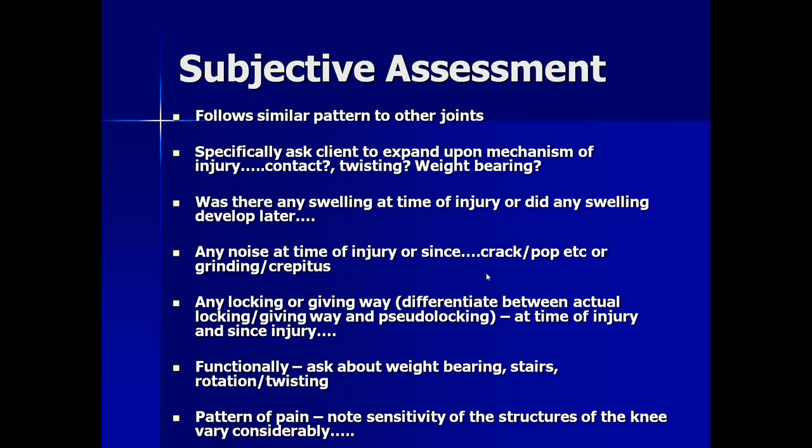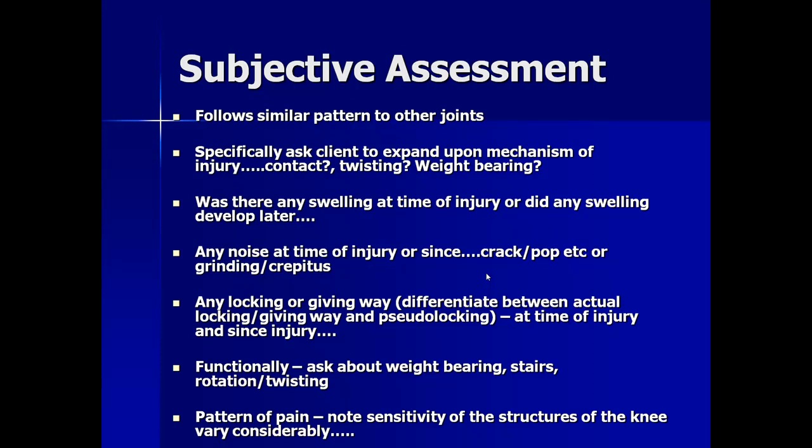Specifically ask the client to expand upon the mechanism of injury. Was the foot in contact with the ground? Were they weight bearing at the time? Were they twisting? Was there any loading issues, or was the foot unstable? Was the ground slippery? All of these have a bearing on what the outcome of the injury might be.